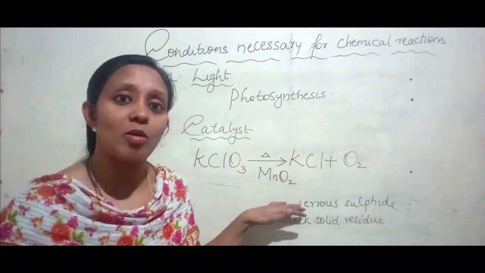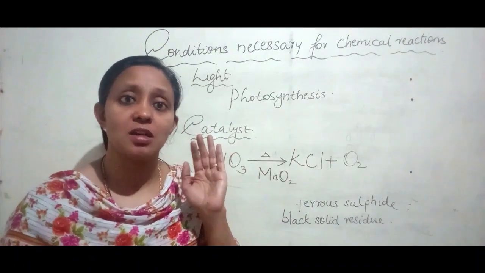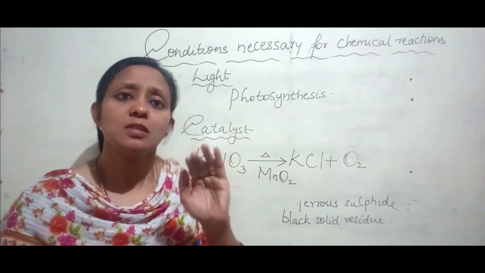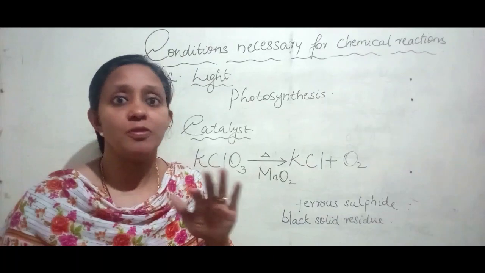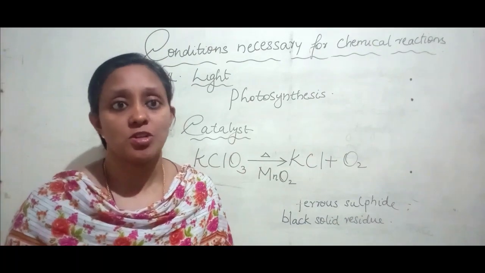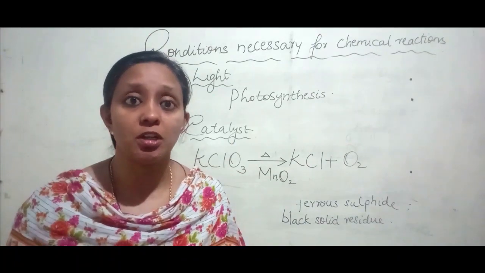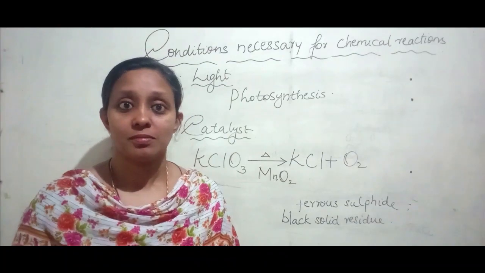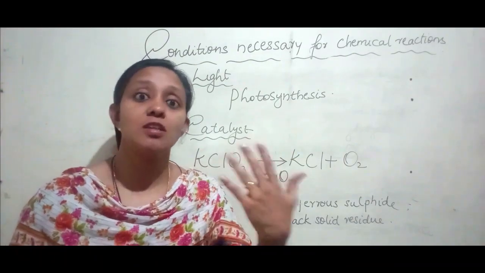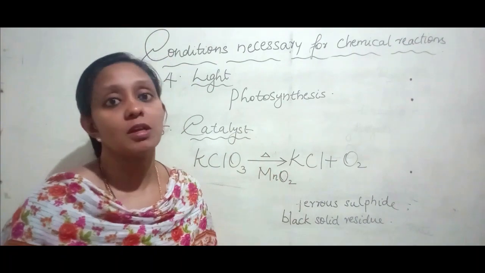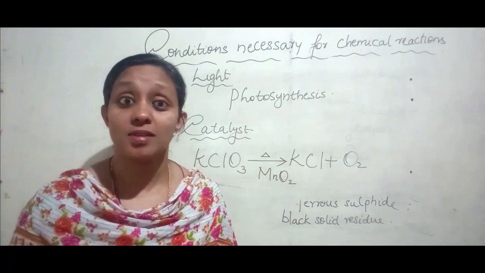But manganese dioxide is just acting as a spectator, it simply remains there in this reaction. It itself does not undergo any change. Have you followed? But it has a major role to play, that is, it increases the rate of this chemical reaction.